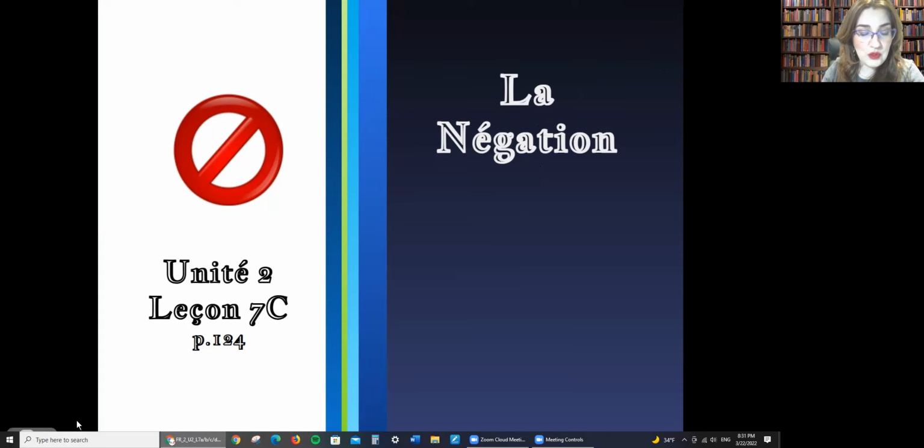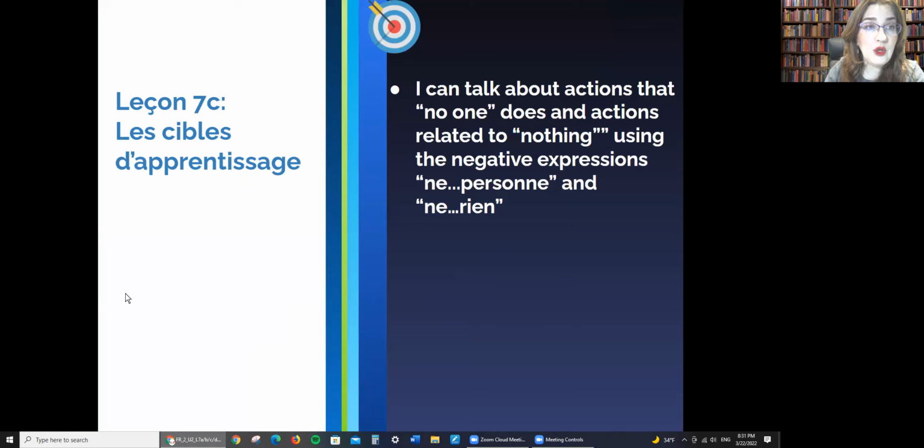This is the third section, which is 7C, set C of la leçon 7. We're going to learn about la négation. La négation, we know that ne pas is a regular negation expression, and we put ne pas around the verb, like je ne vois pas, I do not see.